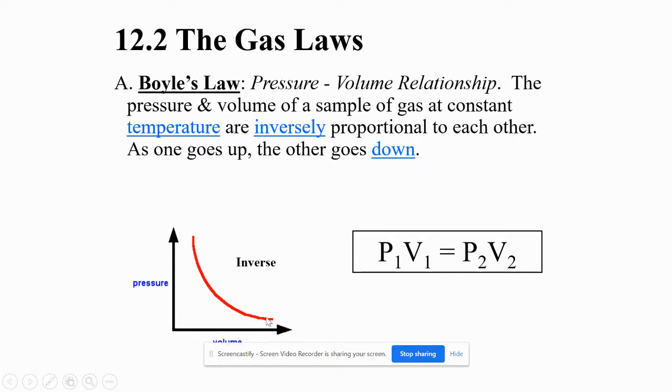The equation we use to express that is pressure 1 times volume 1, the first set of conditions, equals pressure 2 times volume 2, the second set of conditions after something has changed. So P1 times V1 equals P2 times V2. That's the equation we're using for all of these problems.